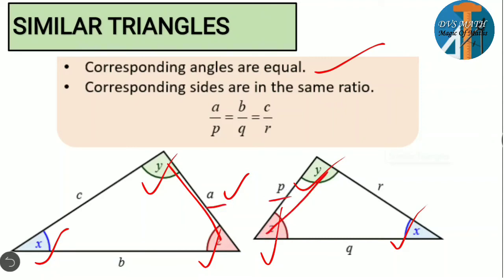So A by P. Next, B by Q, this and this, XZ. Finally, C by R. If we consider their corresponding sides in the form of ratio, all the ratios are the same. If they are the same and the corresponding angles are equal, then we call them similar triangles. So the main condition is that corresponding angles are equal and corresponding sides are in the same ratio.